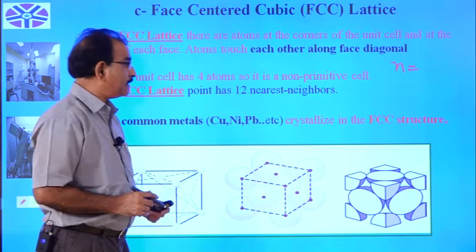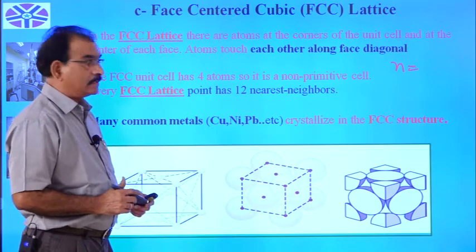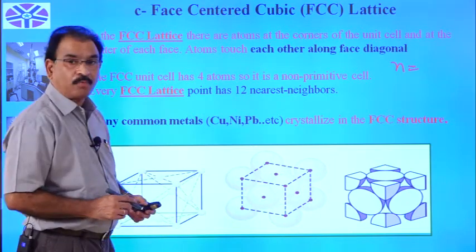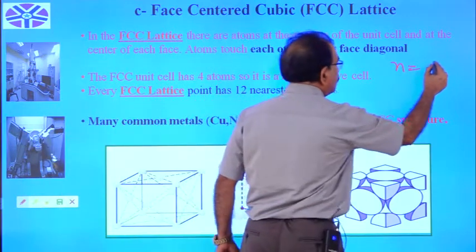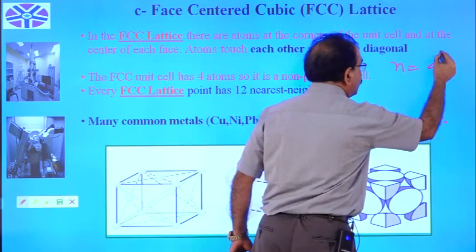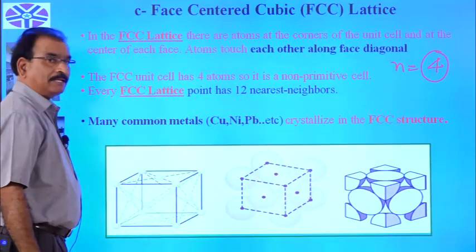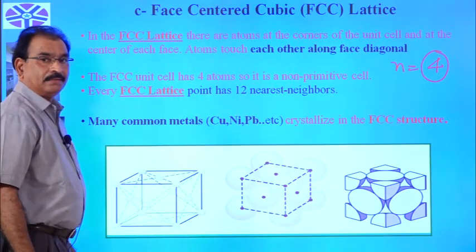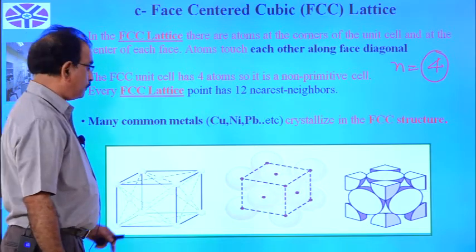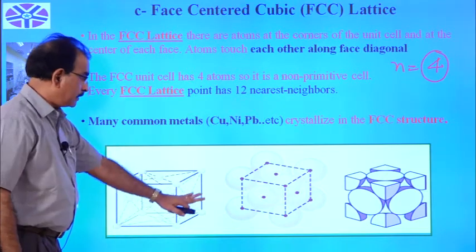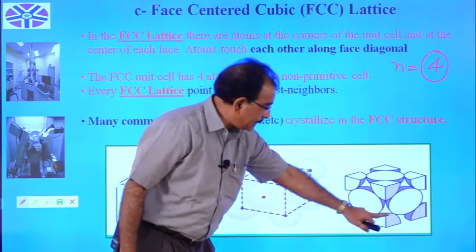In case of FCC, the effective number of points is 4. Let me calculate how this 4 came. If we take this one, it is more clear here.